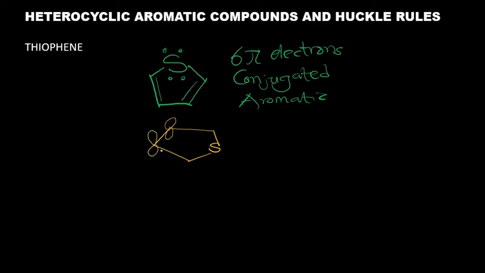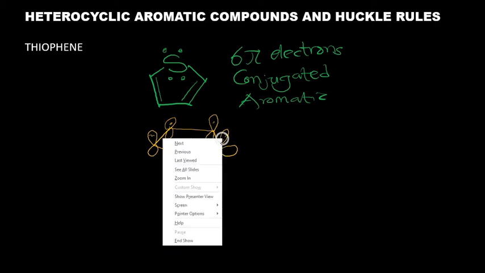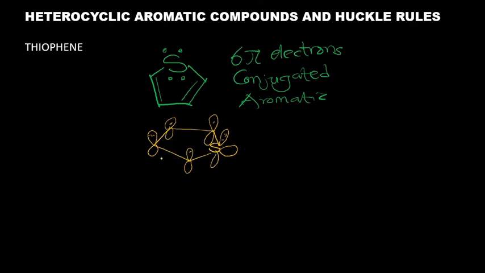So we are drawing our p orbitals, and then that of sulfur. If you do the hybridization, you find out that we have electrons in each of these orbitals. So we have these two overlapping to give us a pi bond as well as these two.